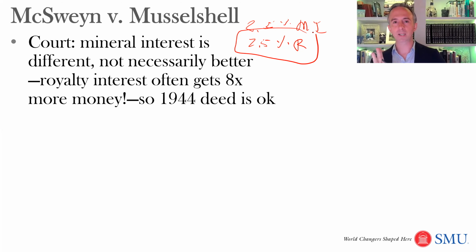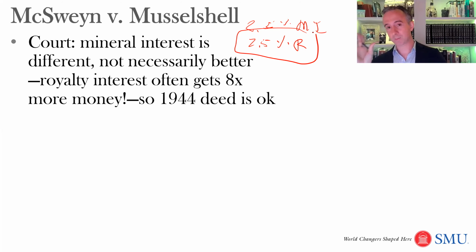So the royalty doesn't give you the power to lease it. And we'll talk about that power to lease. We've previewed this before, but we'll talk much more about it in future classes. It is called the executive right. Yes, you don't have the executive right, but you actually get more oil. So if what you want is money, the royalty is actually better. So the court says the royalty might really be better here.